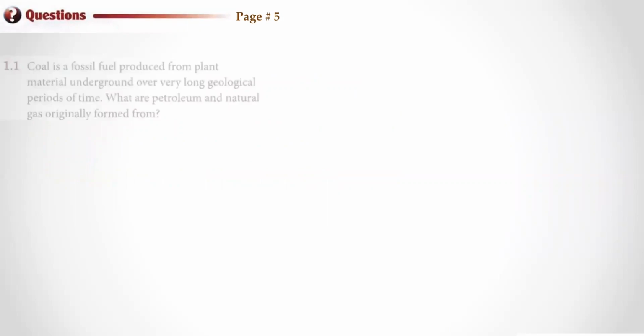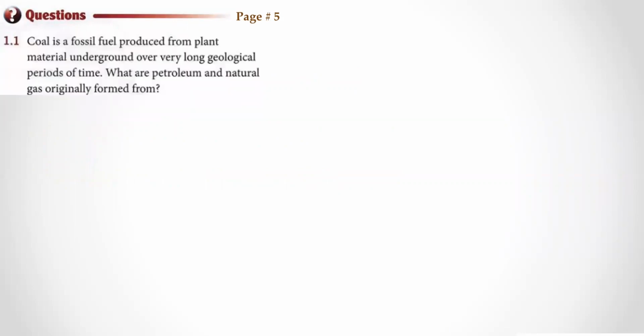Now we can cover all the questions on page number 5. Question number 1. Coal is a fossil fuel produced from plant material underground over long geological periods of time. What are petroleum and natural gas originally formed from?